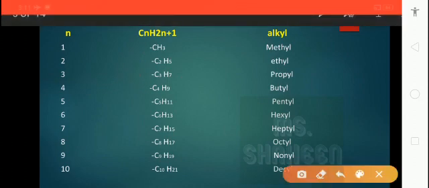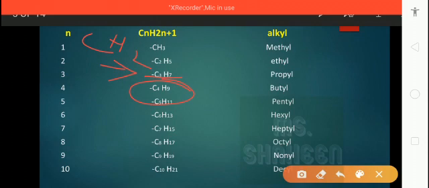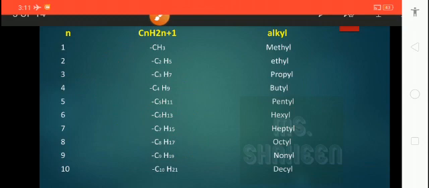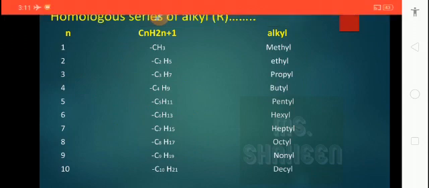Like this, for the formula C3H7, by the addition of CH2 to propyl we obtain butyl. Likewise, if we see the formula of heptyl, by the addition of the same CH2 group we will obtain C8H17. So that was the homologous series of alkyl.